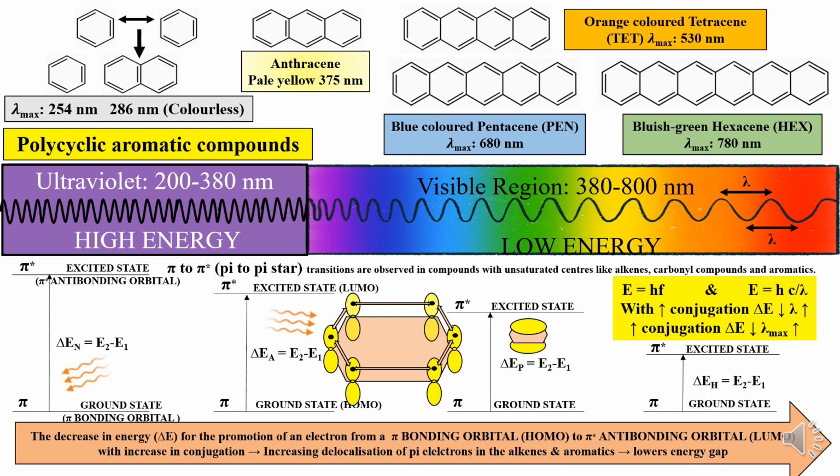So energy and wavelength are inversely proportional. The decrease in energy, that is delta E, for the promotion of an electron from a pi bonding orbital, that is HOMO, to pi star, the anti-bonding orbital, LUMO, occurs due to increase in conjugation.